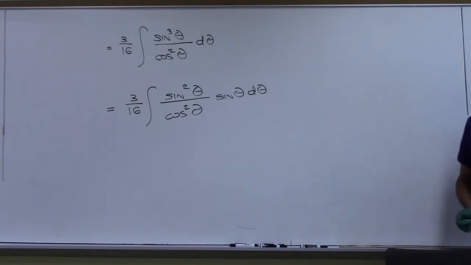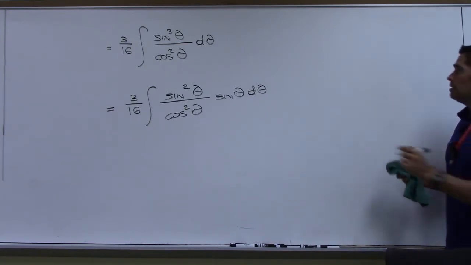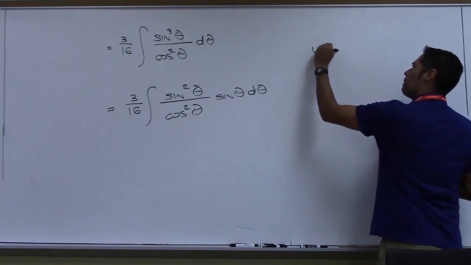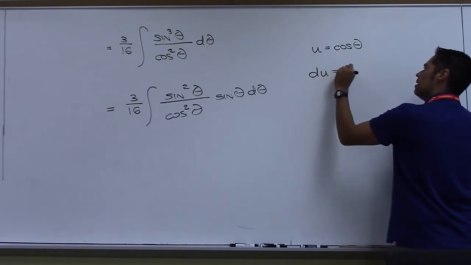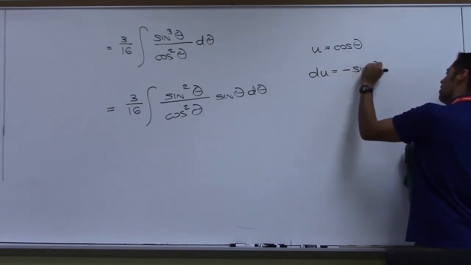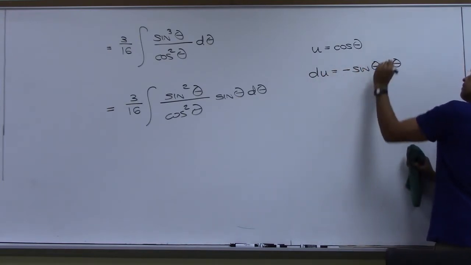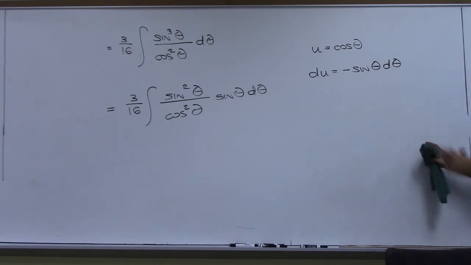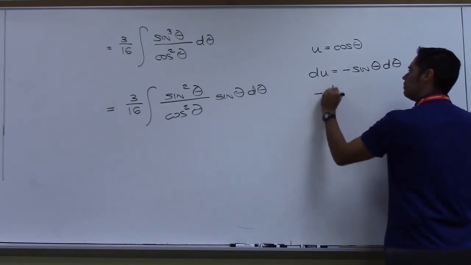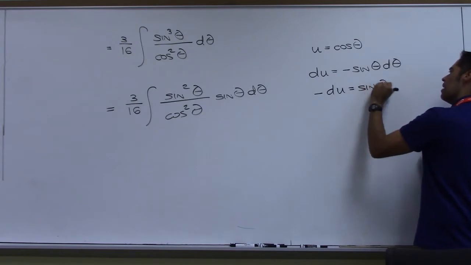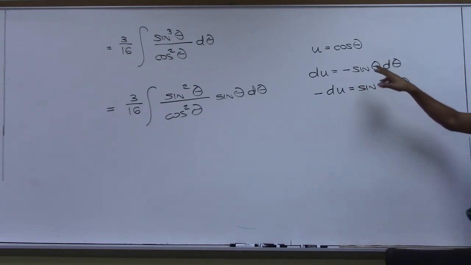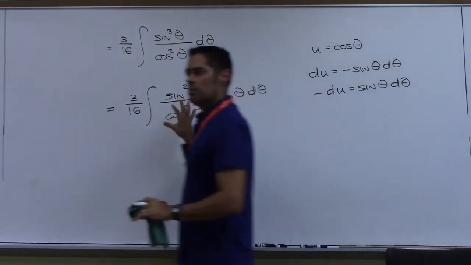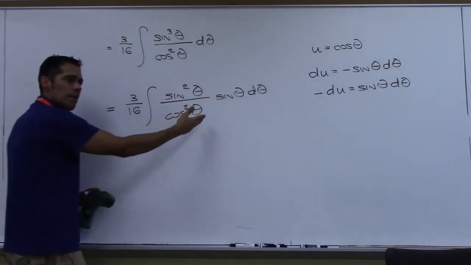And then, if I'm going to do that, my U's got to be cosine. The derivative of that will be negative sine theta d theta, negative du. And so that should take care of it, but I need to get everything in terms of U. So this cosine squared is going to be U squared.